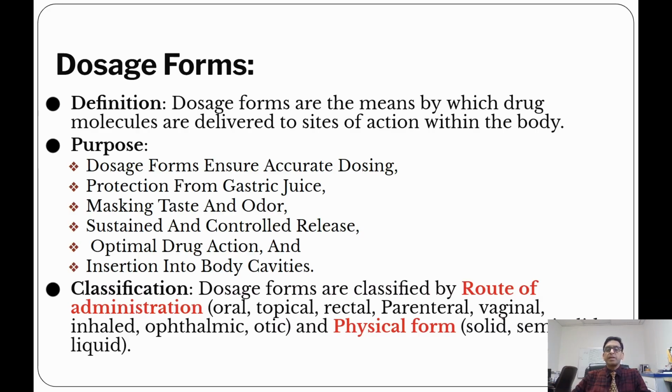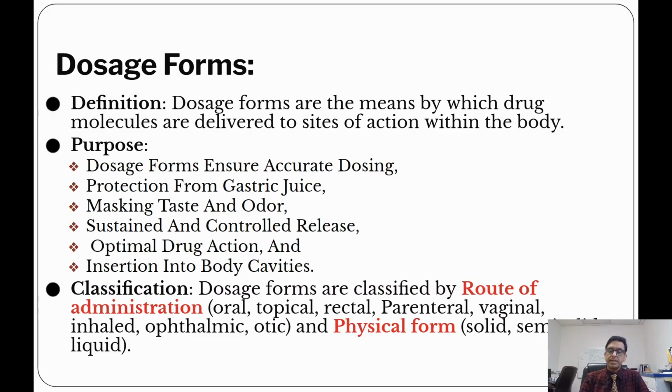The dosage forms can be classified based on the route of administration, such as oral, topical, rectal, parenteral, vaginal, inhaled, ophthalmic, otic, etc. Similarly, they can also be classified as solid, semi-solid or liquid dosage forms.